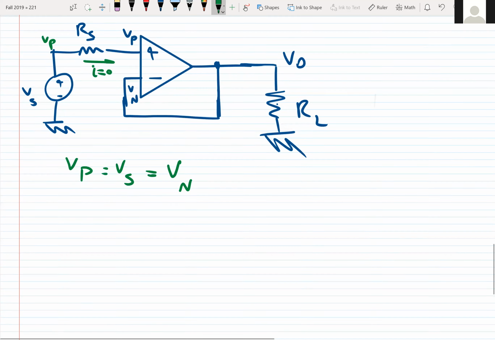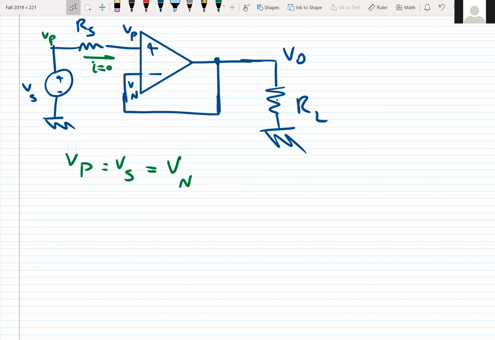That's it. Now let's look at the node that connects the input to the output. There is no resistor here. RL is not contributing to our solution. So what's the voltage of this node? It's VO, and at the same time, this voltage is equal to VN, because it's connected by a wire.